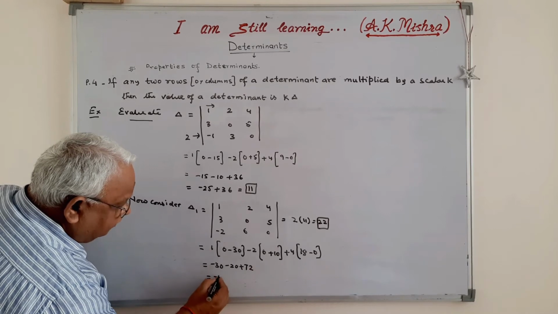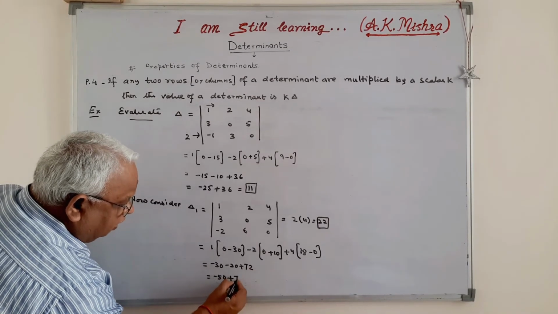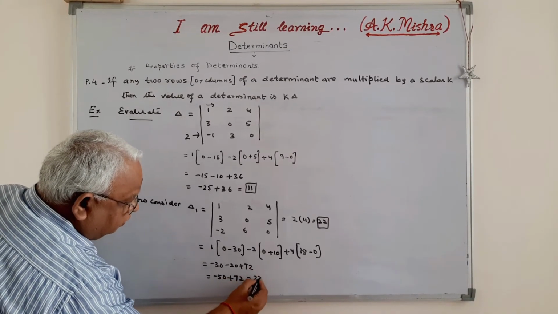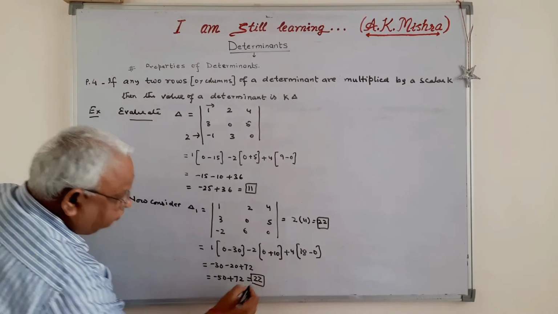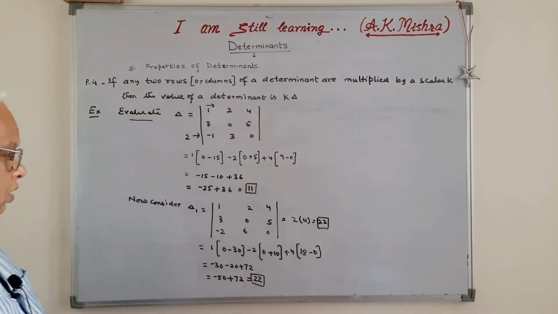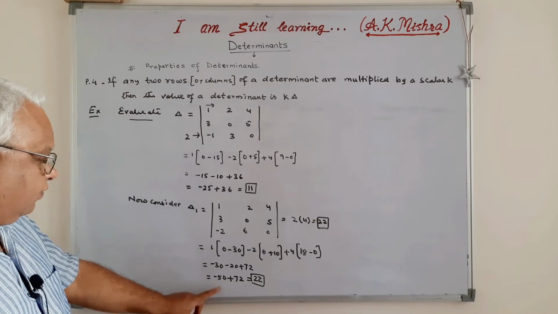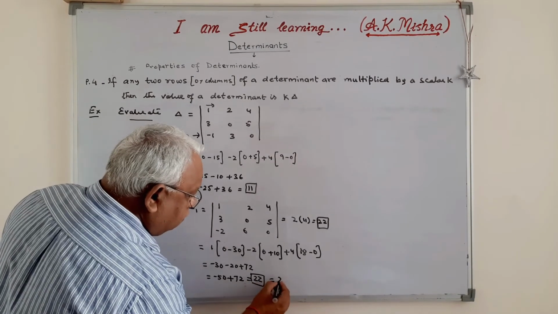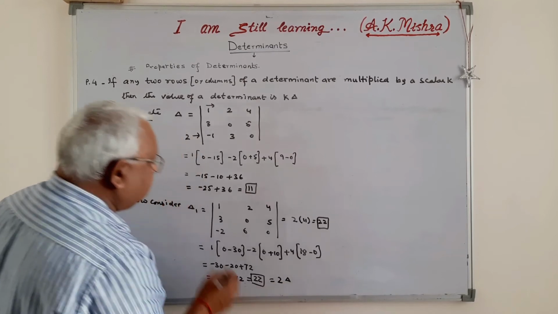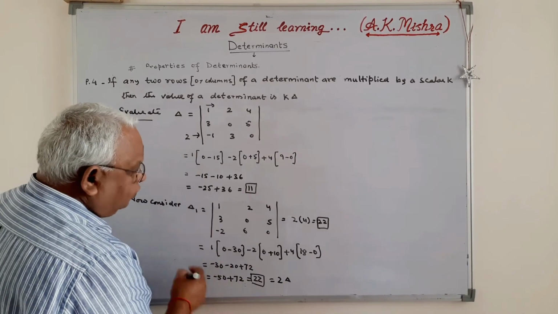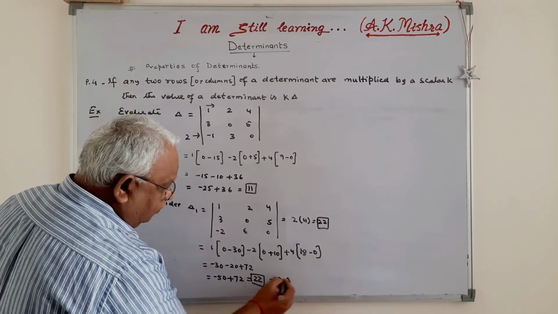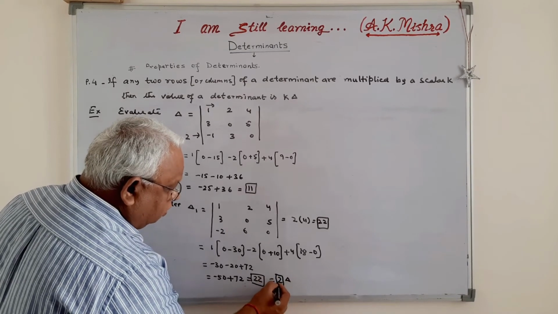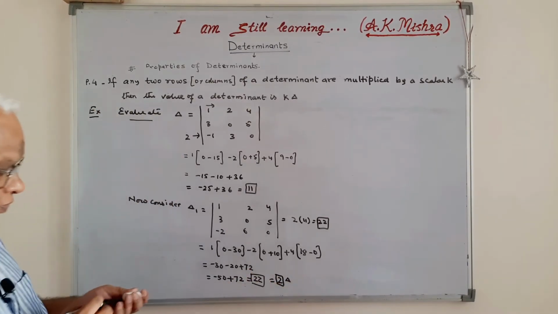So it is minus 50 plus 72, which is equal to 22, which is equal to twice of delta. So clearly here the k was 2, so you got it verified.